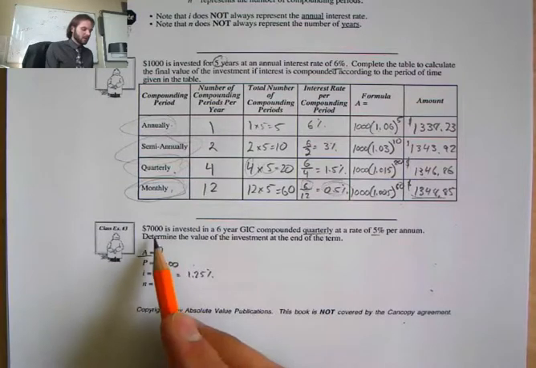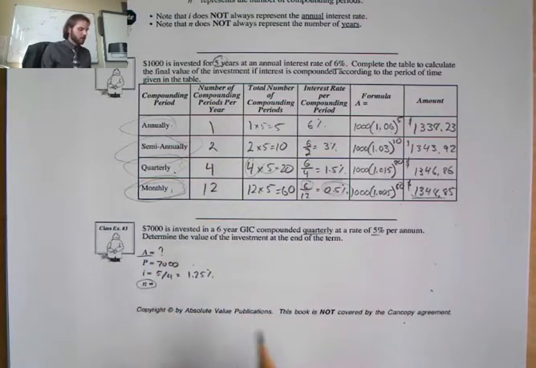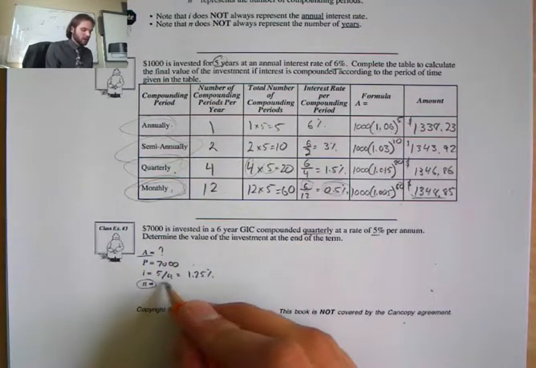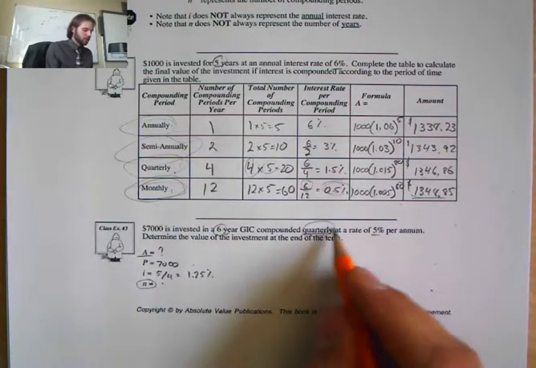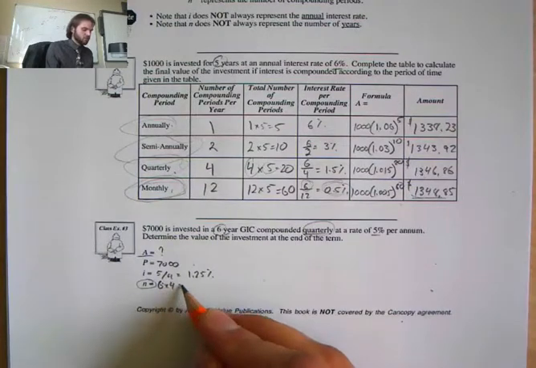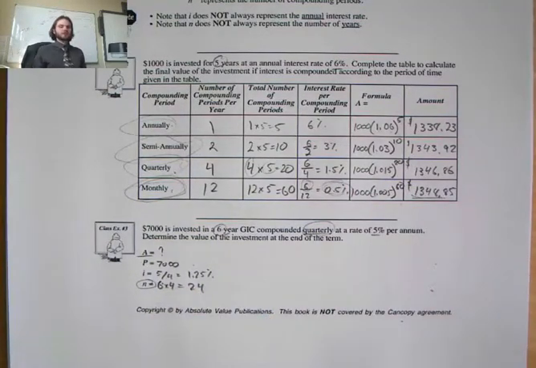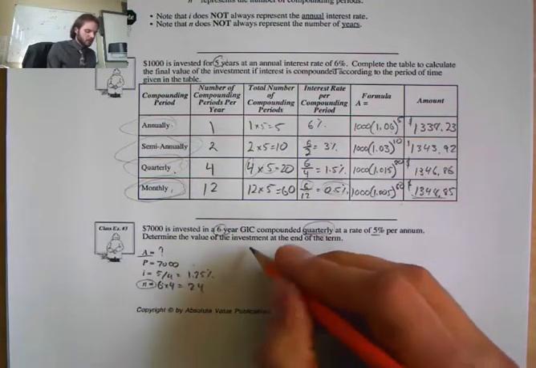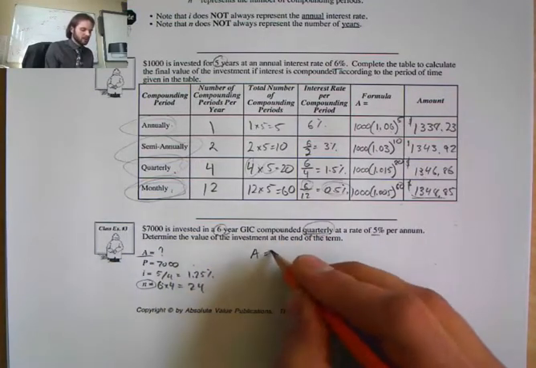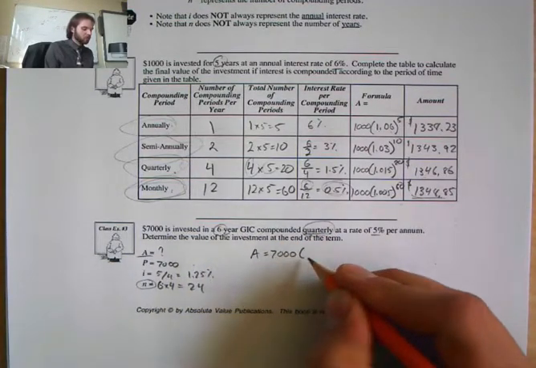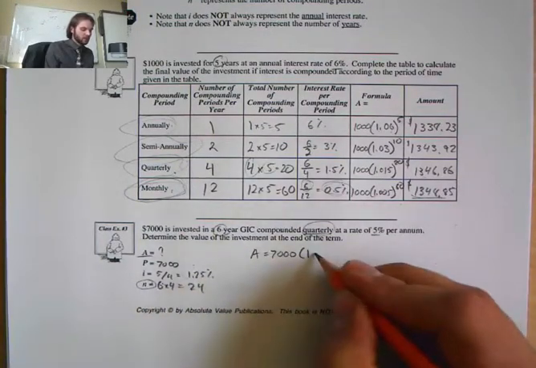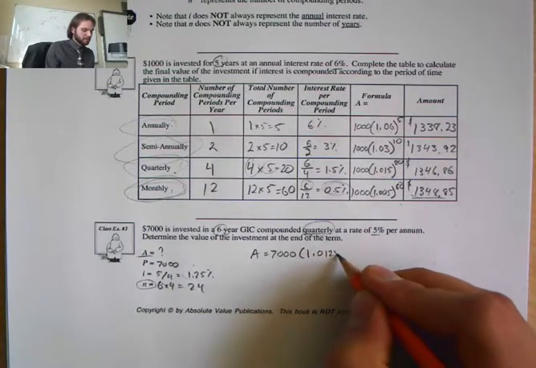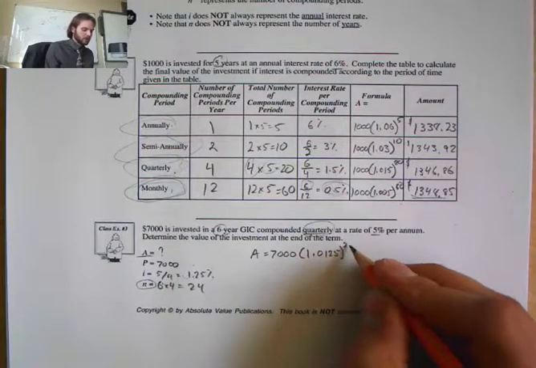Now my next part says my number of compounding periods. Well, that's going to be 6 years. We have 6 years, and we're multiplying that by 4, which will give me 24. So let's plug this into my formula. I'm going to end up getting A is equal to 7,000 multiplied by 100% plus we're always increasing by 1.25, all to the power of 24.